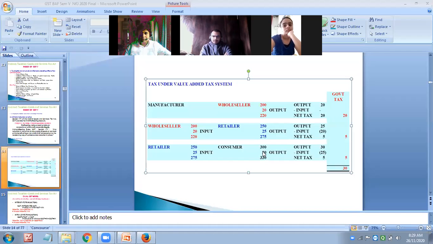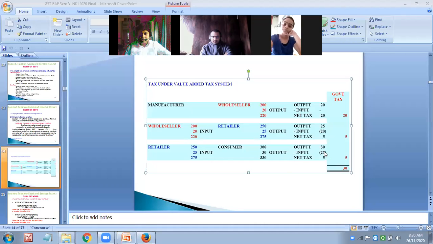Yes. So when it comes to output tax liability of 30 rupees, again he is asking the government, boss, this 30 rupees I will not pay. Why? Because when we bought the goods, I paid 20 rupees of tax to the manufacturer and 5 rupees of tax to the wholesaler.